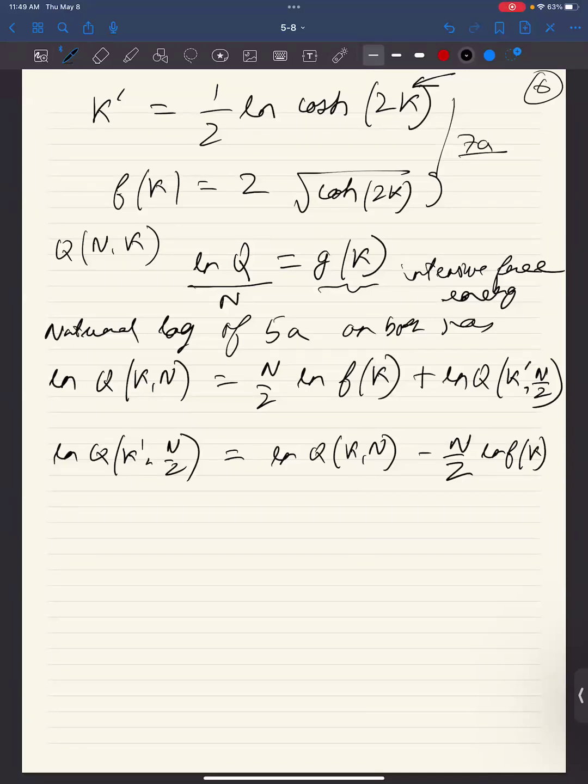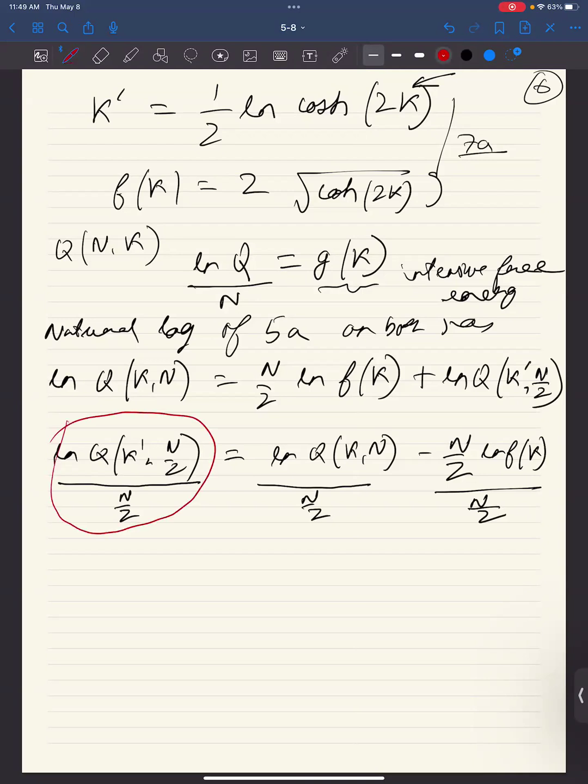I divide both sides by n/2. What is this in terms of the intensive free energy I just defined above? This is g of k prime, right? g of k was take log of q and divide by the number of particles. In this case, number of particles is n/2. So this is g of k prime.